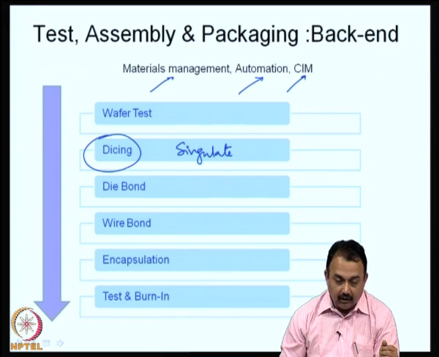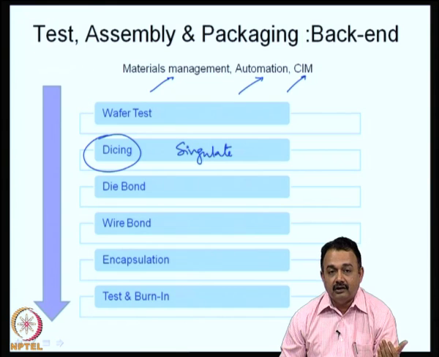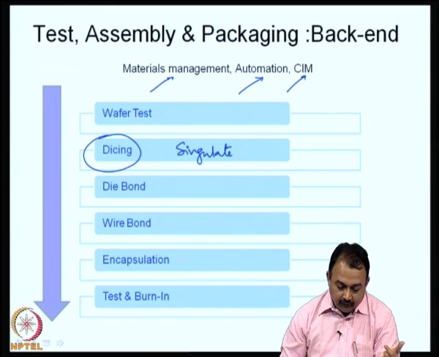Now, dicing is a very important step, because care has to be taken that you do not damage the adjacent dies. So, each die, singulated die is very important in calculating the yield percentage of the entire process.